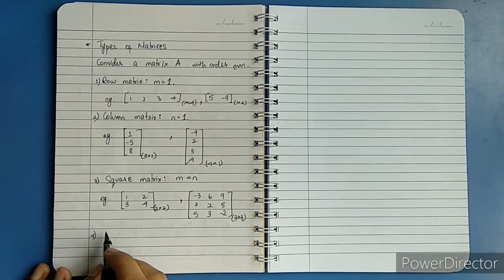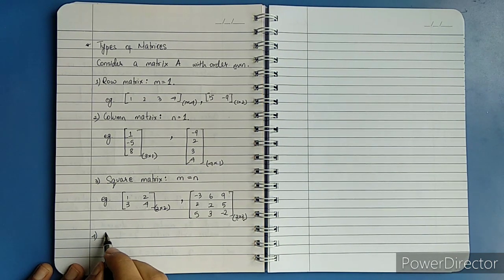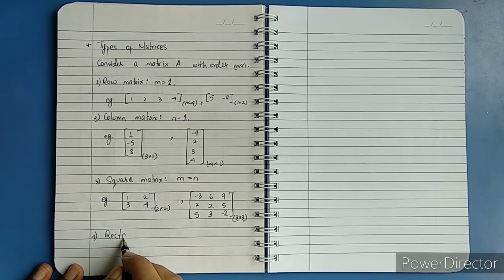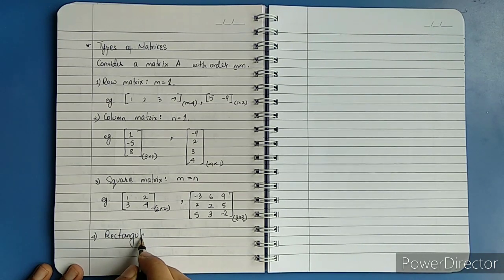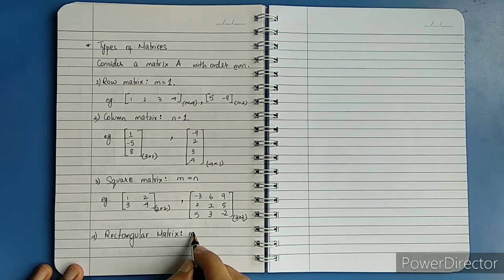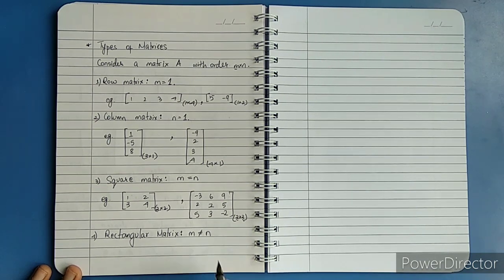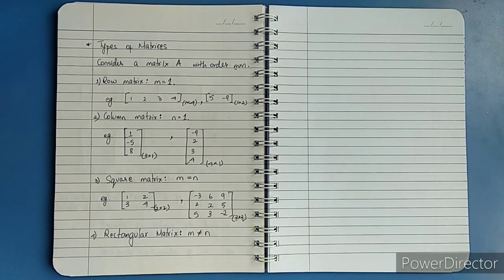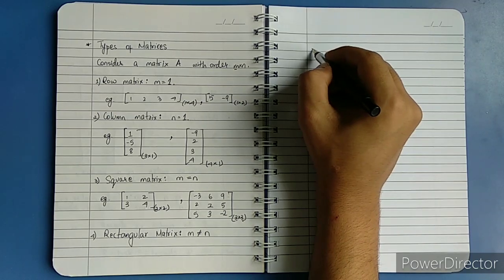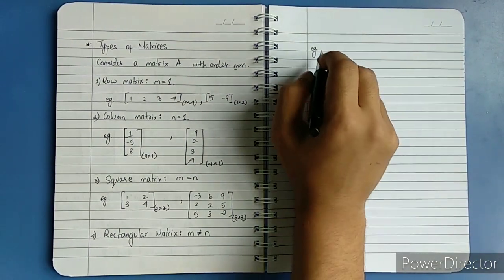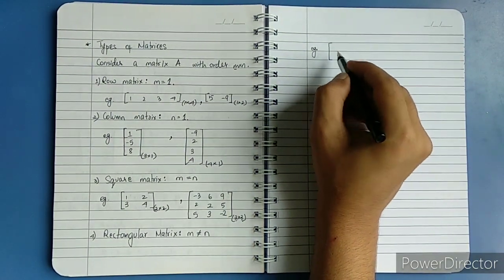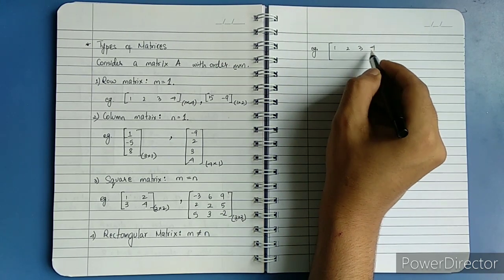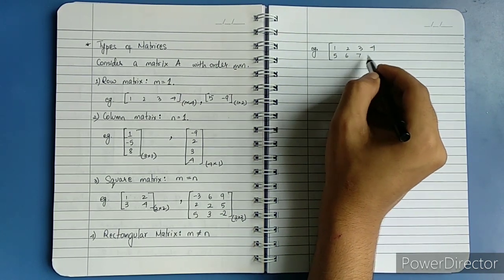Number 4, the fourth type of matrix is a rectangular matrix, where the number of rows and the number of columns are unequal, that is m is not equal to n. So an example for this would be 1, 2, 3, 4, 5, 6, 7, 8.